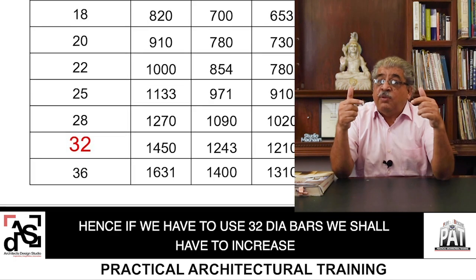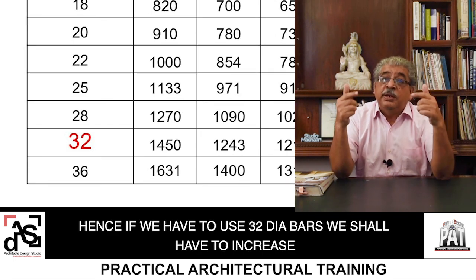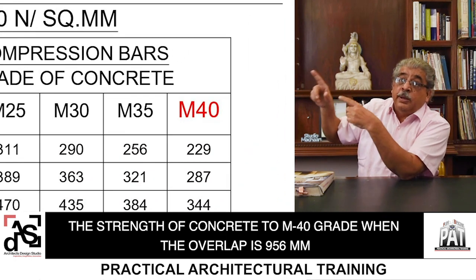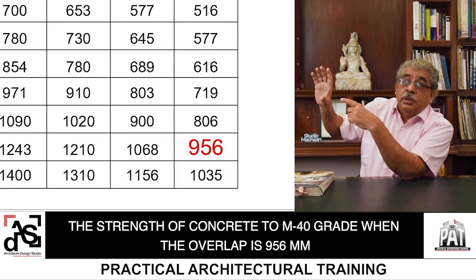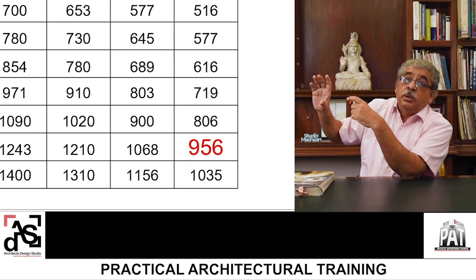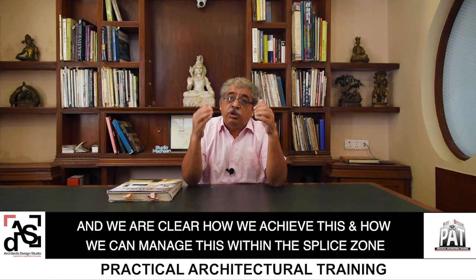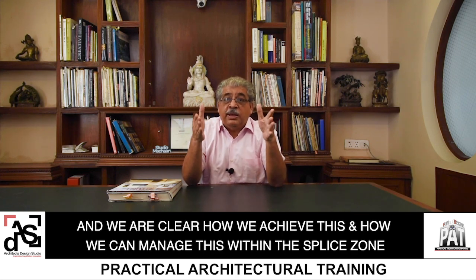Hence, if we have to use 32 dia bars, we shall have to increase the strength of concrete to M40 grade, when the overlap required is 956 mm. Now we are clear as to how much overlap is required, and we are also clear how we can achieve this and how we can manage this within the splice zone.